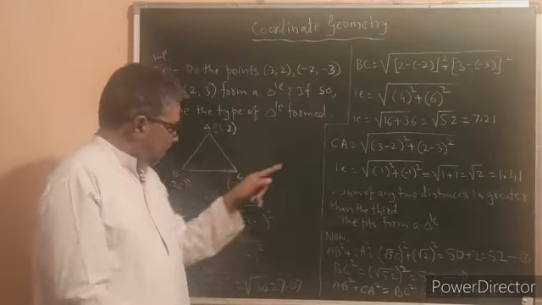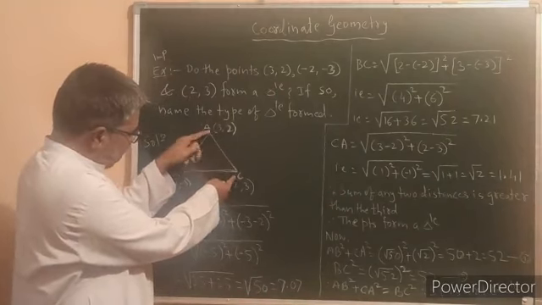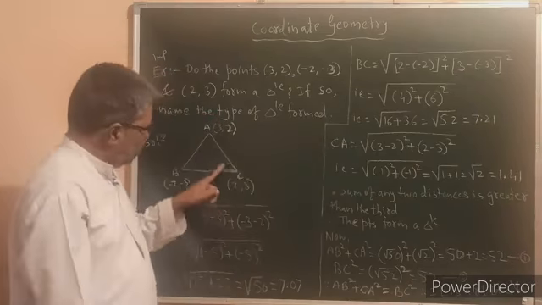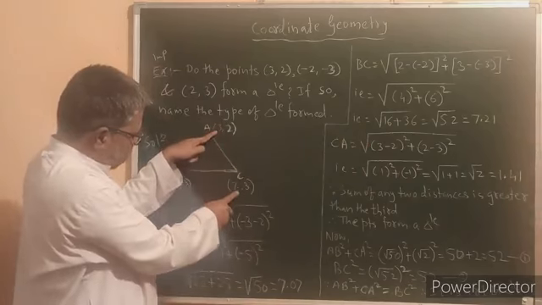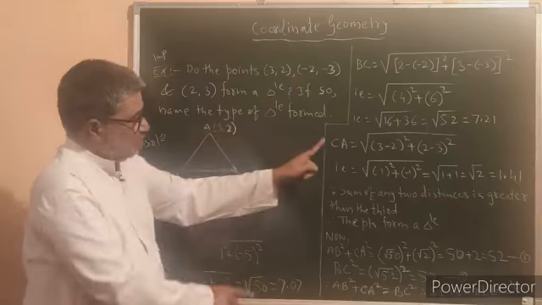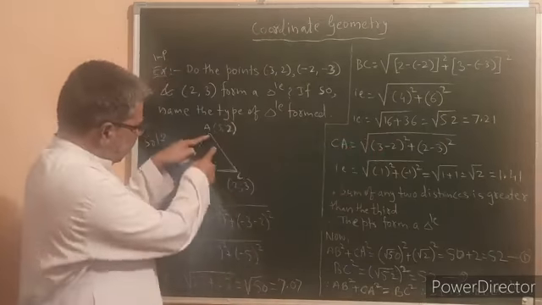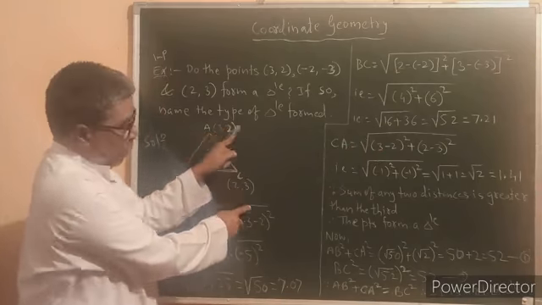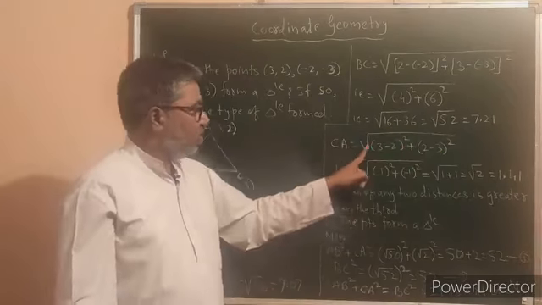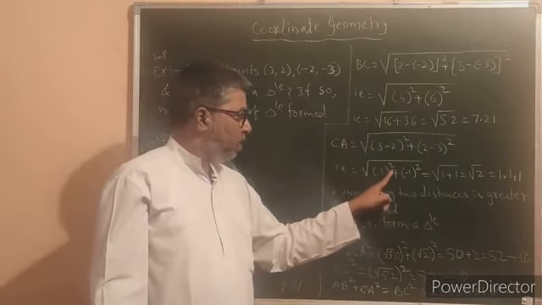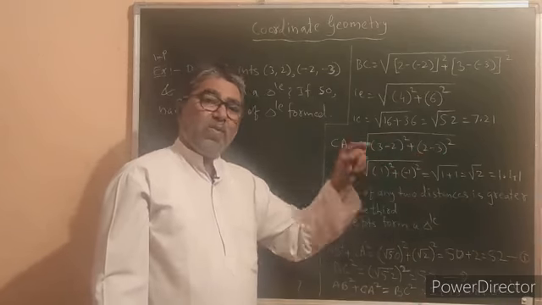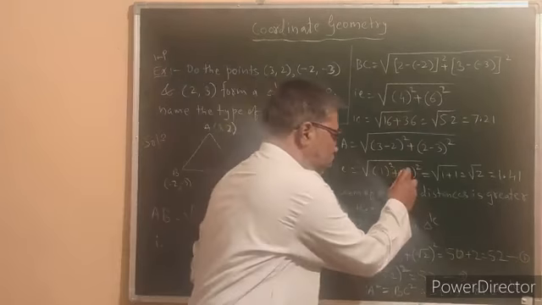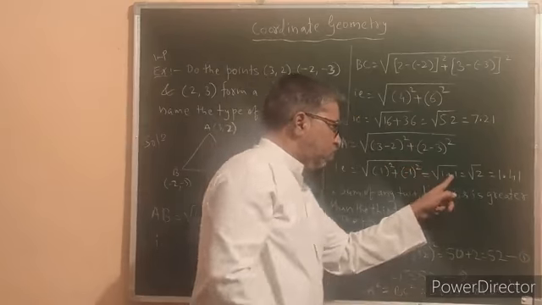So in the same way, CA, the length of CA or the distance between the points C and A is nothing but square root of (3 will be x2 and 2 will be x1, so 3 minus 2) whole square plus (2 will be y2 and 3 will be y1, 2 minus 3) whole square. 3 minus 2 will be 1 square, plus 2 minus 3 will be minus 1 square. 1 square is 1, minus 1 square is also 1, 1 plus 1 will be 2.